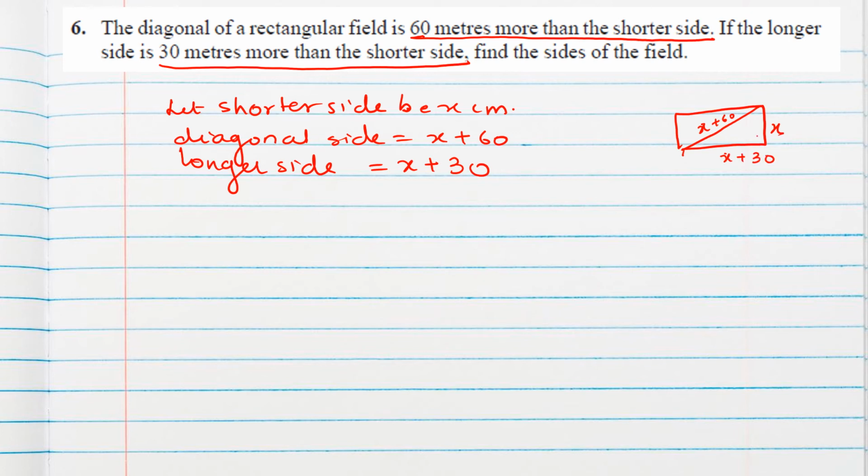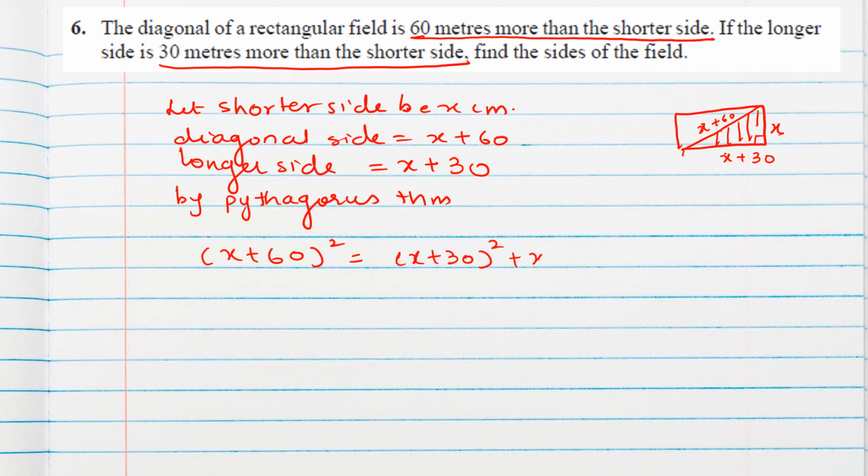It's a rectangular field, which means this angle will be 90. So in this particular triangle we can apply Pythagoras theorem, isn't it? So by Pythagoras theorem, hypotenuse, that is diagonal, x plus 60 whole square equals x plus 30 whole square plus x square.